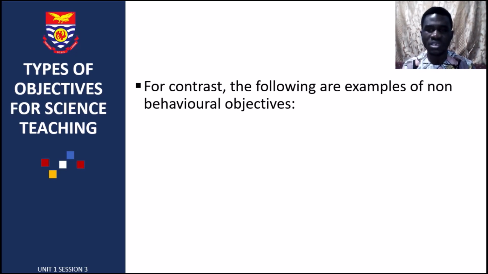Unlike the behavioral objective, which is stated in measurable terms, so identify the parts of an electronic microscope. And this becomes measurable. This becomes more specific. So we must understand that anytime we are using a verb such as learn, understand, know, then it means we are talking about non-behavioral objectives.